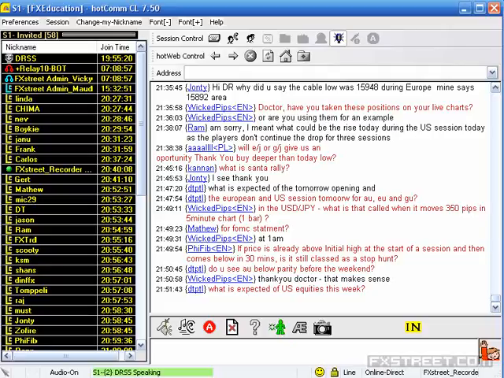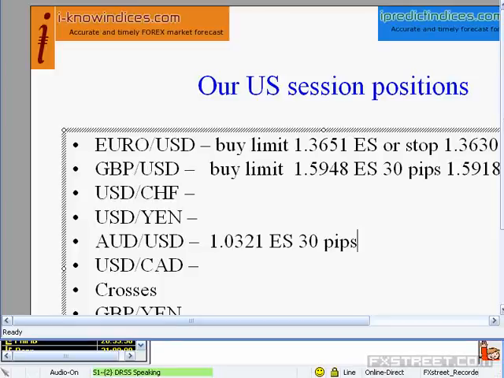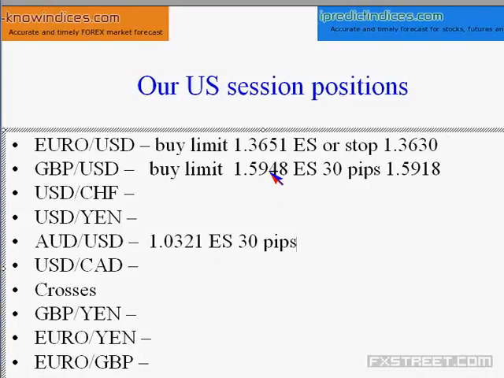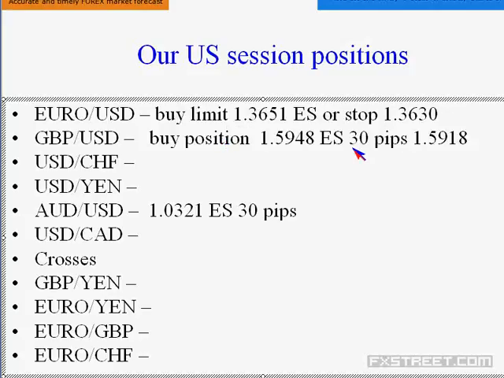Okay, no more questions, so let me go back to the PowerPoint presentation. Now our GBP is being filled, so it becomes a buy position. They made a nominal dip to 58, 59, 41.